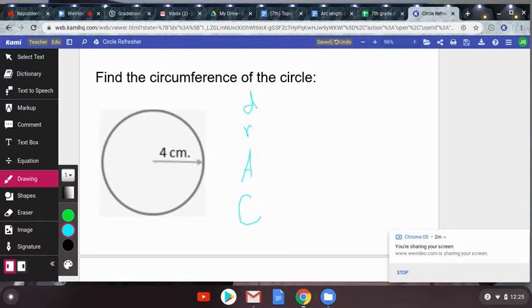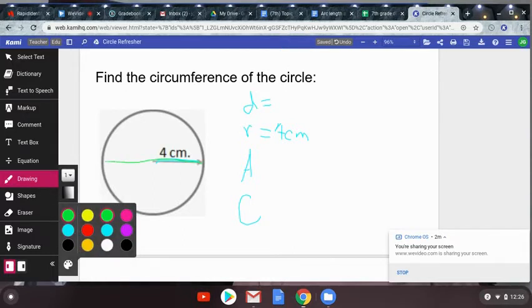So this 4 centimeters right here goes from the center to the circle. So that's the radius. And then that means, even though they don't tell me what the diameter is, I can find it, because if this distance is 4, if I go another 4, that would be 8 centimeters.